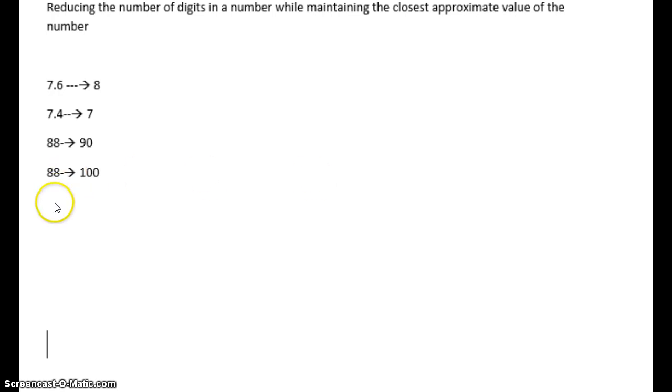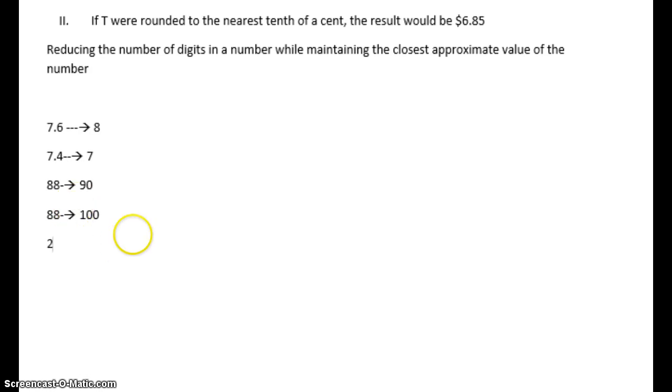Now similarly, some more examples. Suppose I have 2.37 and I want to round it off to the nearest tenth. It would make it 2.4, right? 2.33 rounded off to the nearest tenth would become 2.3. Now suppose I have 2.374 and I want this rounded off to the nearest hundredth, which is the second digit after the decimal.